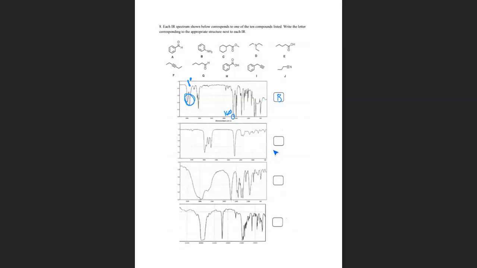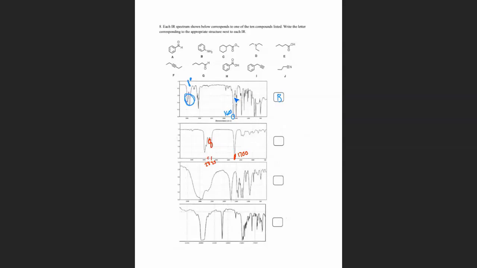With the second one, I do see a peak at about 1700-ish, and I do see these things here at about 2700 to 2800, and that just means we have an aldehyde.